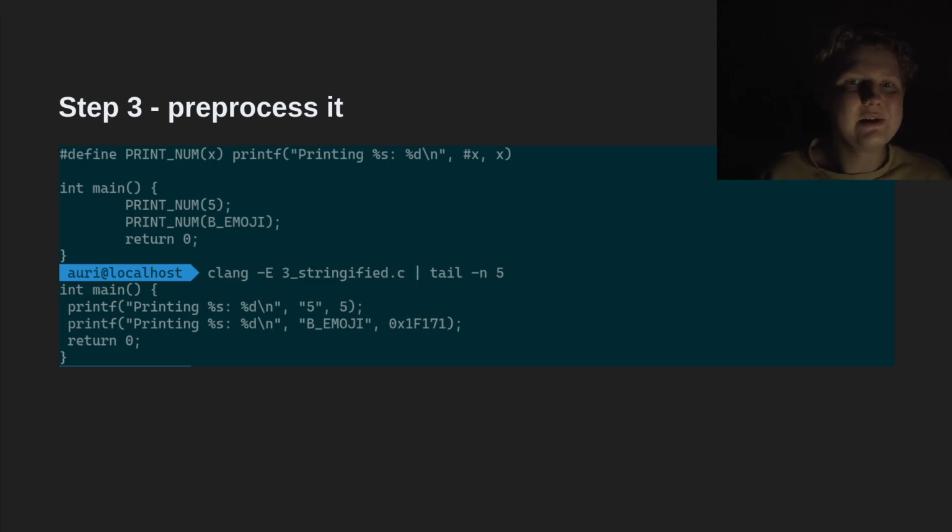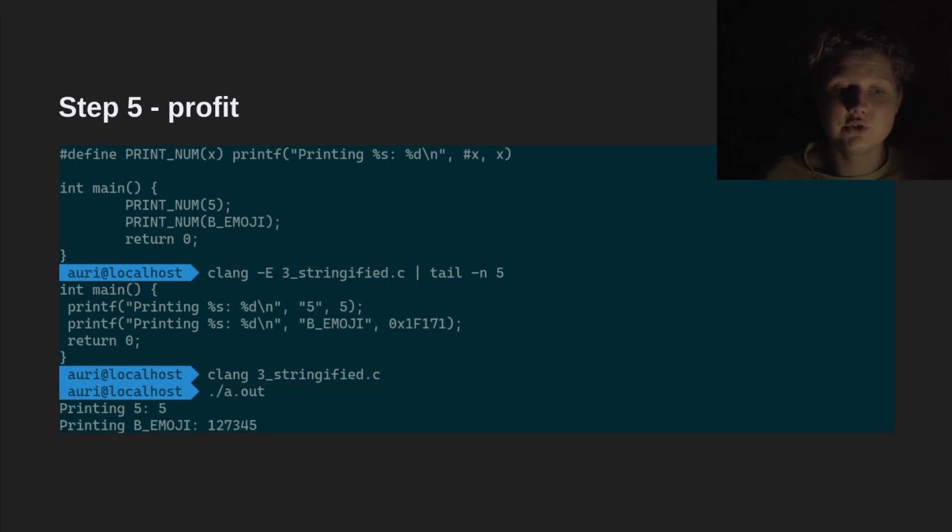It may make you wonder why some things are not working the way you intended. So just keep in mind that stringification stringifies the x, while after pre-processing you get what's inside of x. You just compile as usual and run, and you get, really nice, printing 5 and it says 5, printing B emoji and it says the decimal value of the B emoji. It's pretty cool, I think.